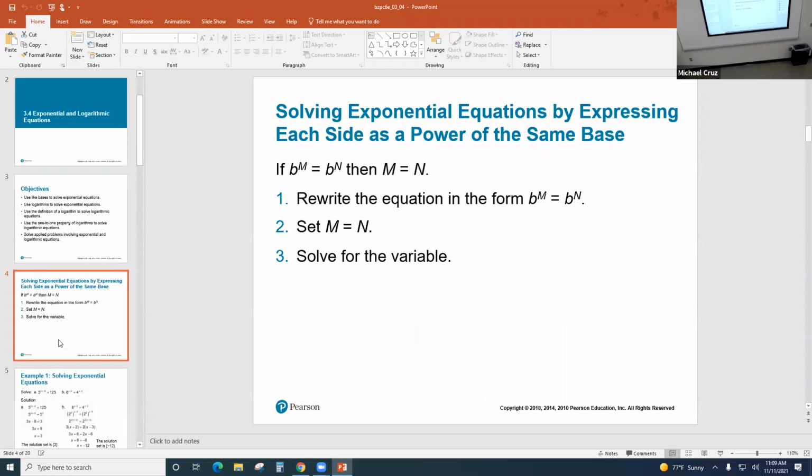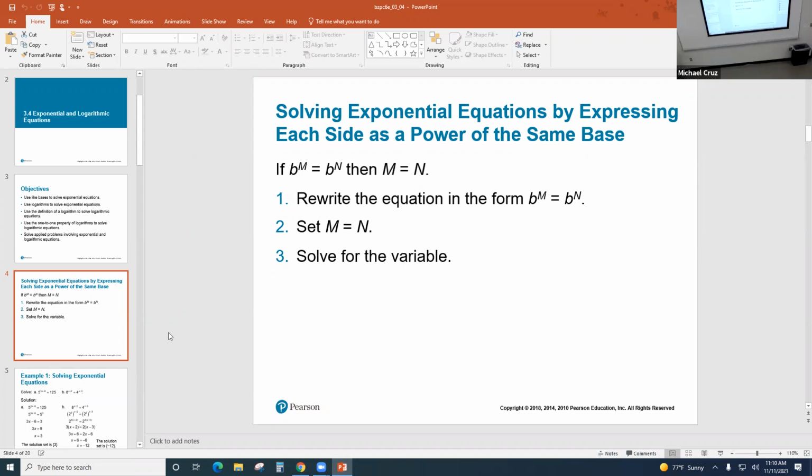All right. So here's the way that we can use like bases to solve an equation. If we have two expressions on either side of an equal sign, and they have like bases, the powers can be different, but if the bases are the same, then we can rewrite that equation as just the exponents equal to one another.